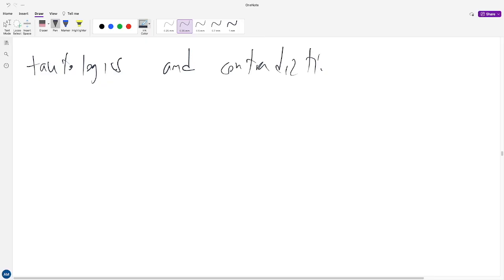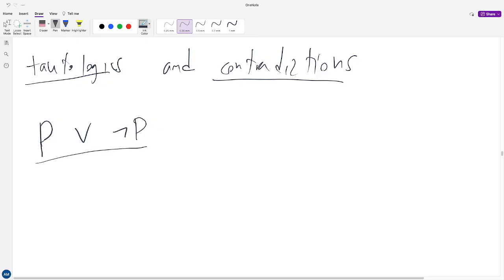So what are tautologies and contradictions? A tautology is a propositional statement that will always be true. So something like this: P or not P. This statement will always be true.